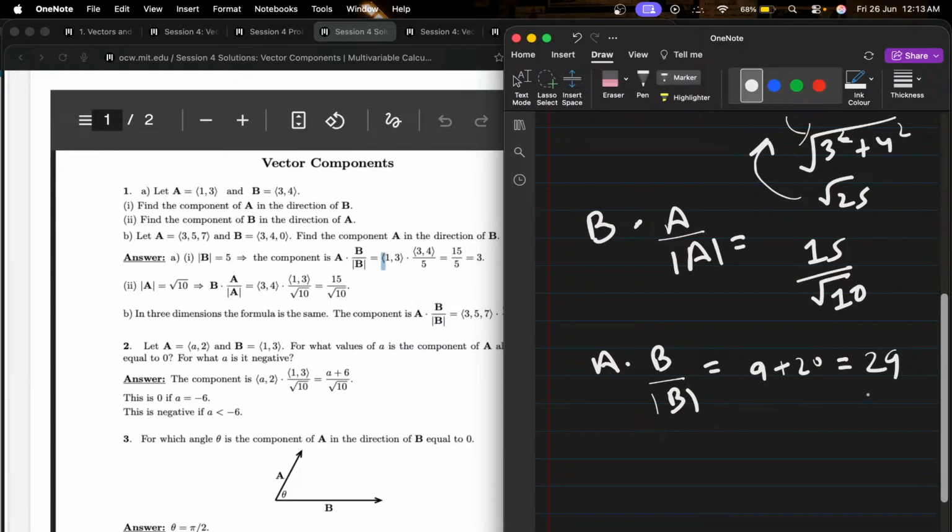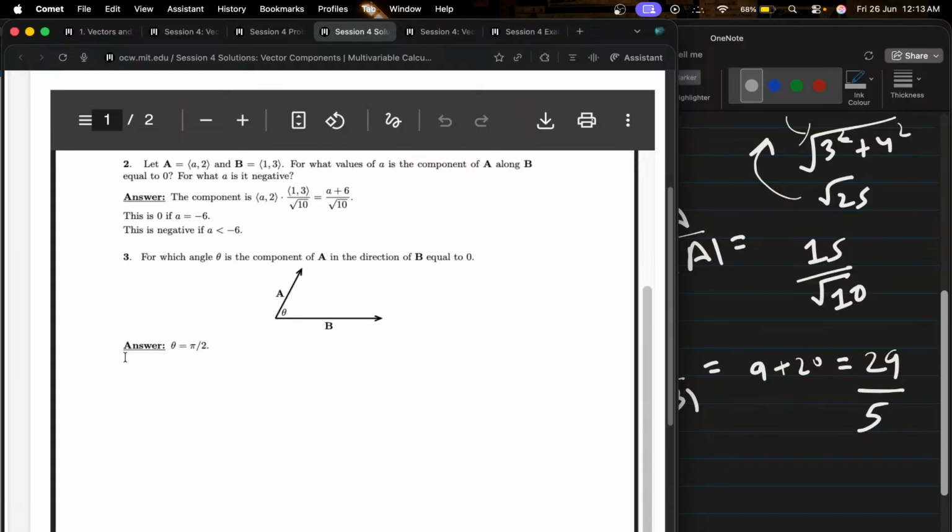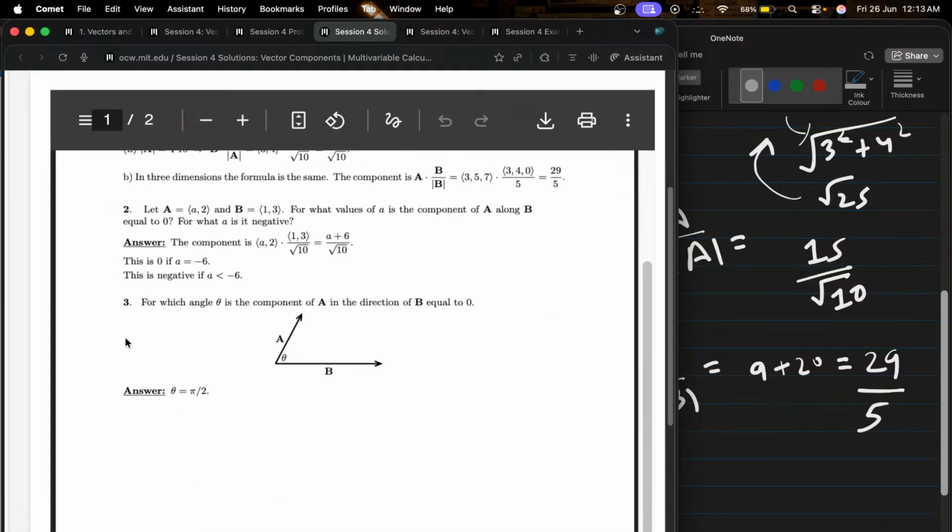So it should be 29 by 5 if I am not wrong. Yay, 29 by 5. So finally I'm solving these questions correctly, I would say.